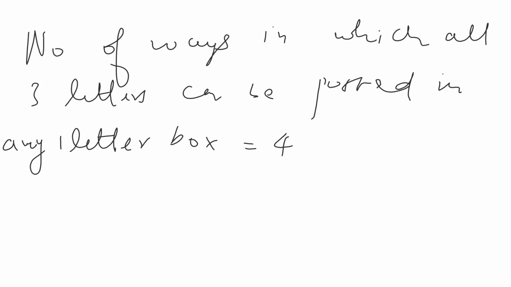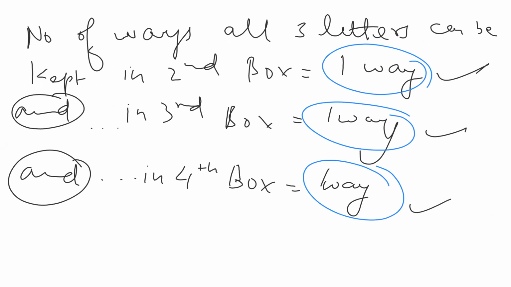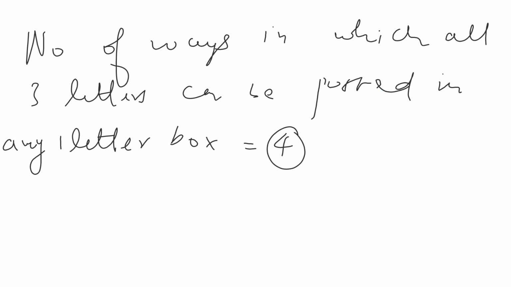How 4? I've already explained. This is the first way, then this is the second way, third way, and fourth way. So these four ways are not allowed. Okay. So what we can write over here is: if all the three letters are not posted in the same box, find the corresponding number of ways.